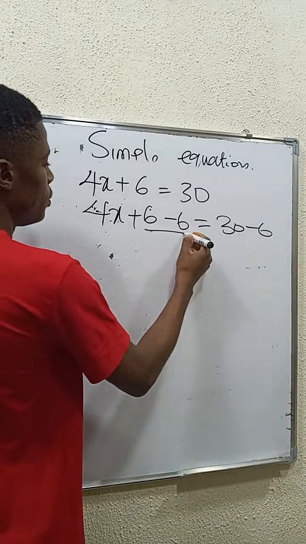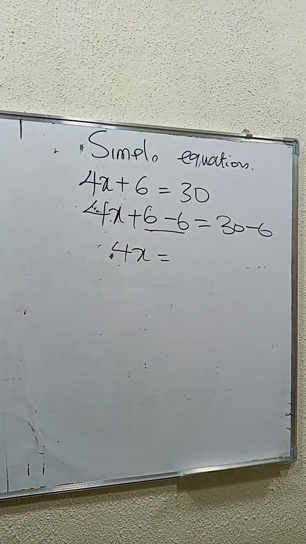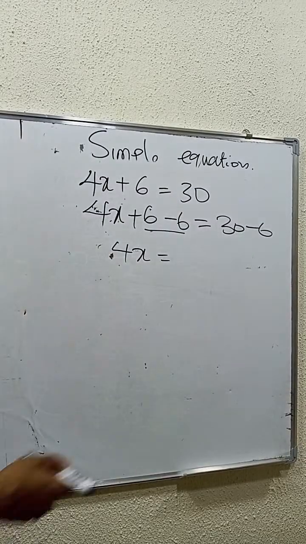So if you do this, you have 4x is equals to, what is 30 minus 6? 30 minus 6 is 24.